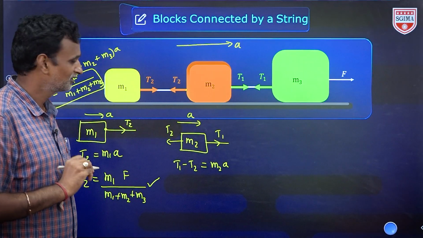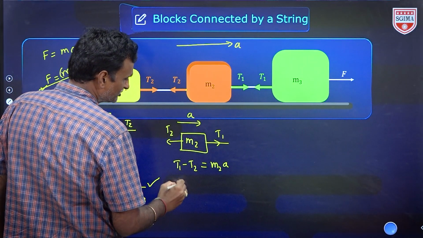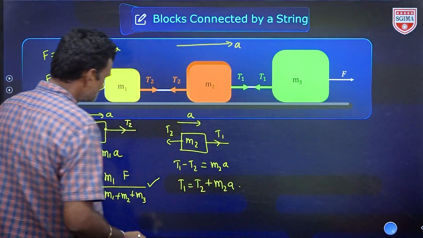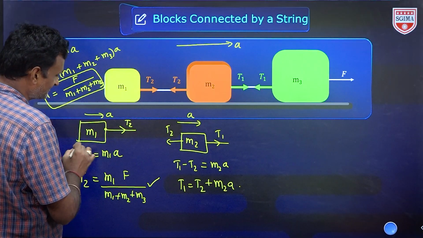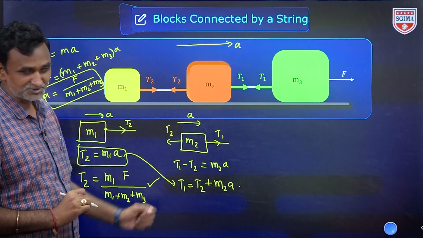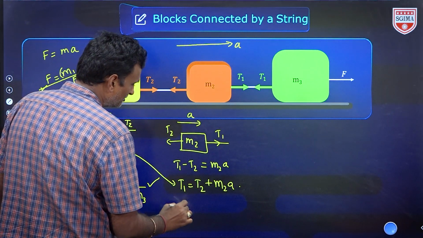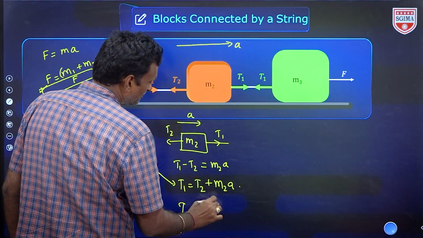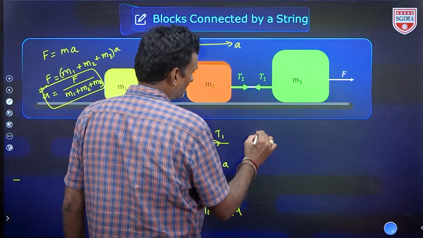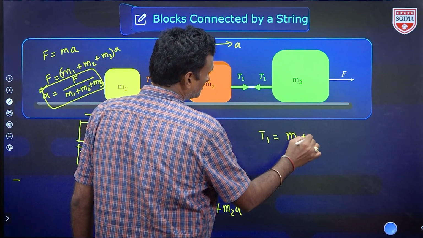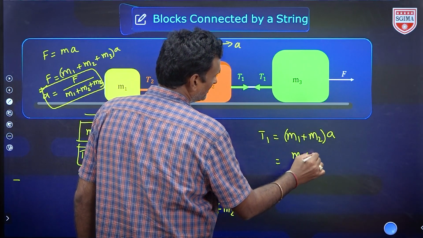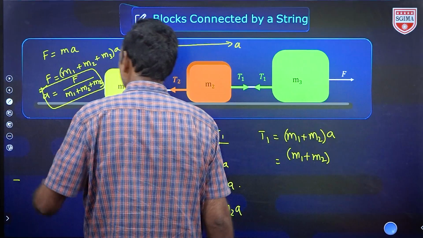Now we need to get T1. So T1 equals T2 plus m2 a. I substitute T2 as m1 a here. So T1 equals m1 a plus m2 a. Taking a common, T1 equals m1 plus m2 into a, and the acceleration value from equation 1 we can substitute now.